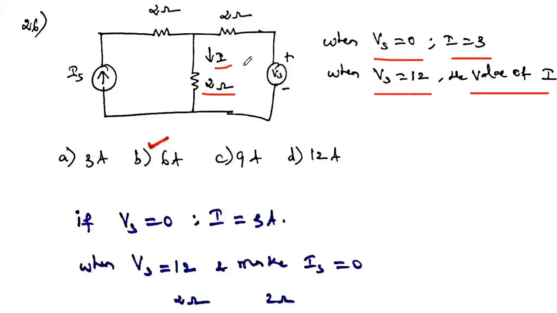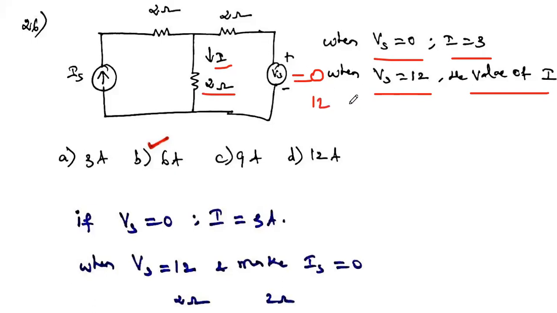In order to calculate this current I, one current is given. What is that current? When Vs is equal to 0, the current flowing through this 2 ohm resistor is 3. Using this data, we are going to find the current I when the value of Vs is equal to 12 volt instead of 0.